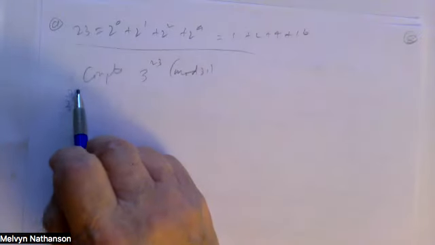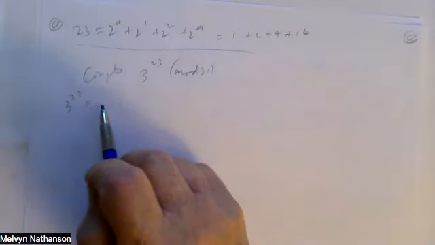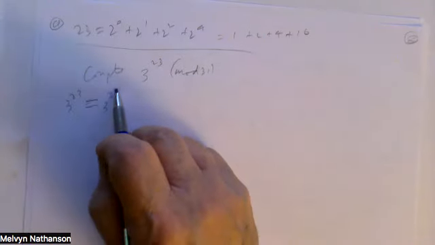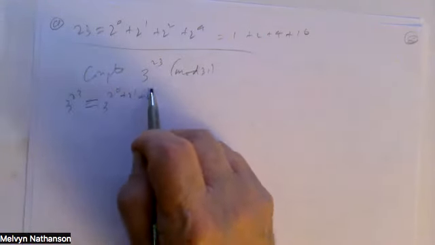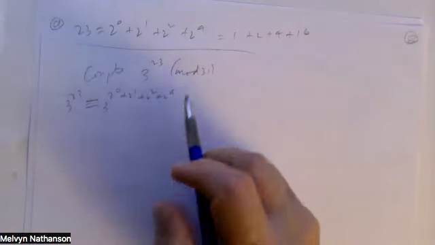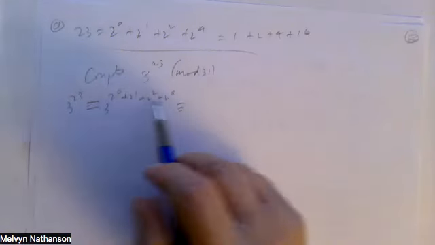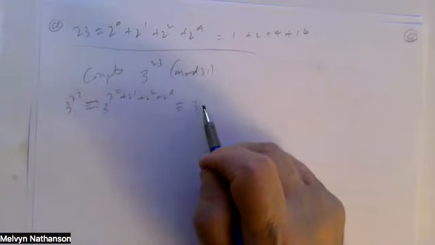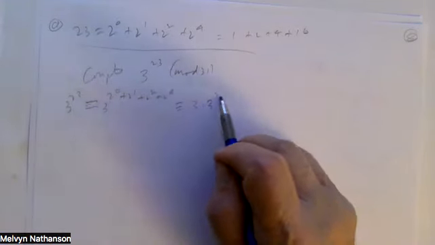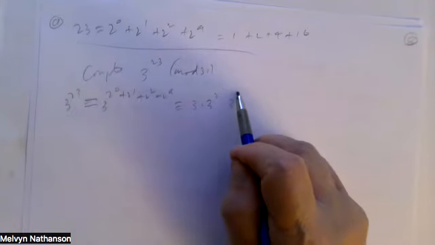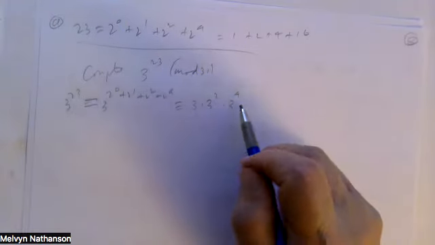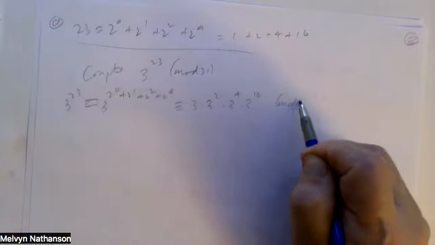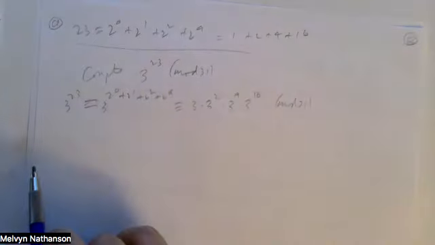So 3 to the 23rd power is equal to 3 to the 2 to the 0 plus 2 to the first plus 2 squared plus 2 to the fourth. That's the same as 3 to the power 2 to the 0, which is 3, times 3 squared times 3 to the fourth times 3 to the 16th, mod 31.